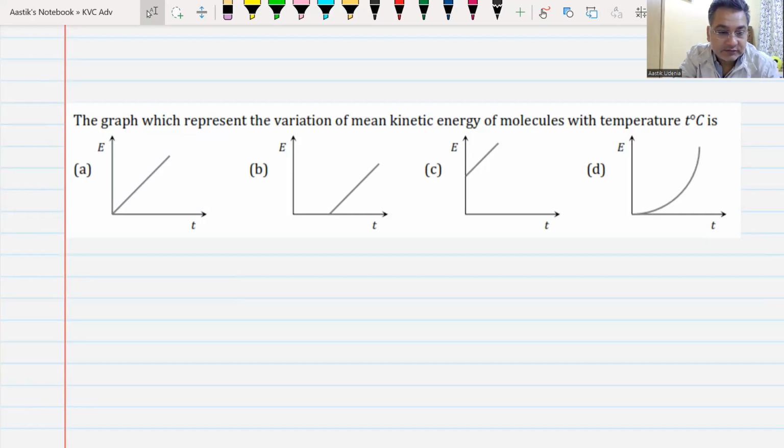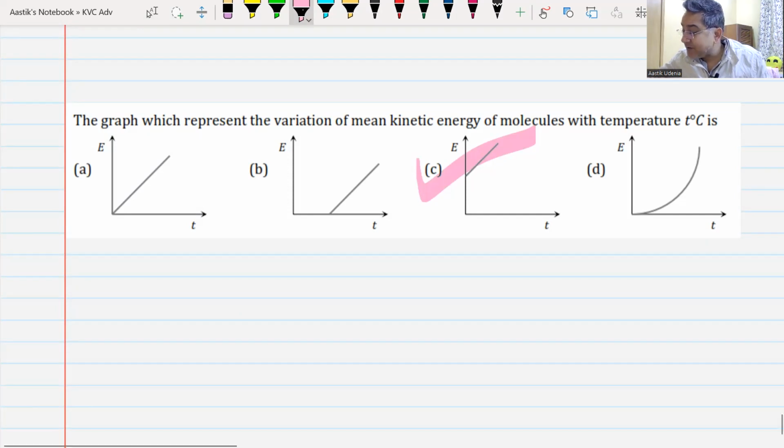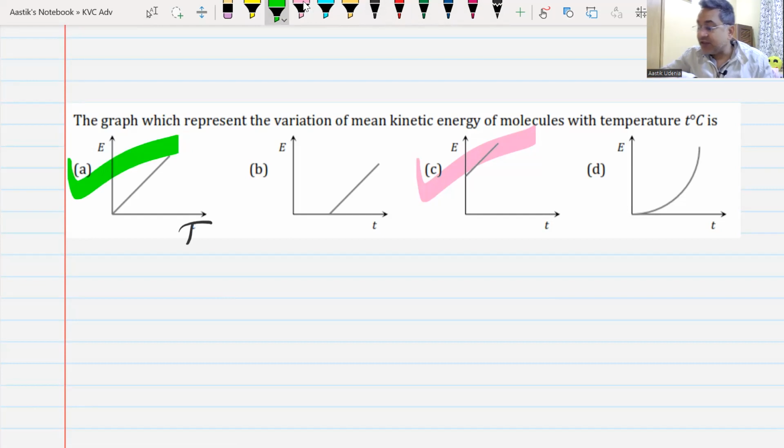Option C, sir, is the correct answer. If this would have been versus capital T, that means absolute temperature, then the answer would have been option A. Do we understand this? Understood, sir.